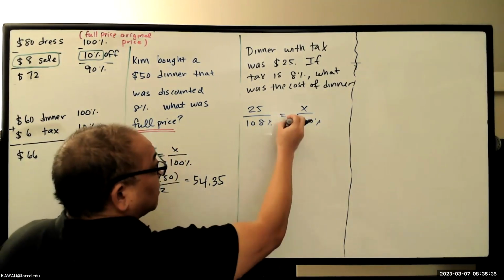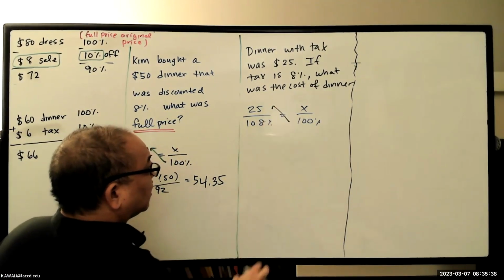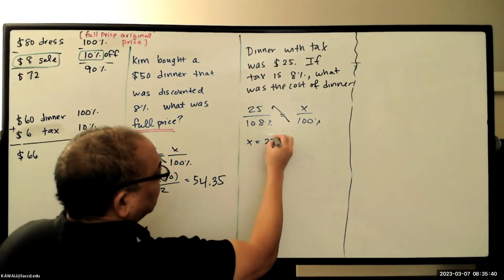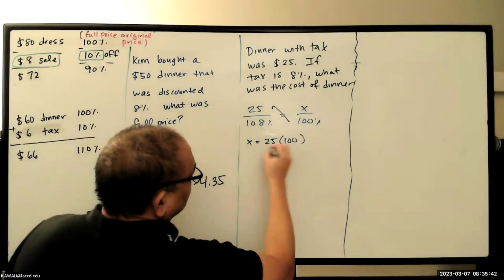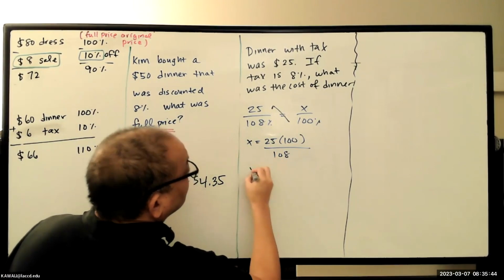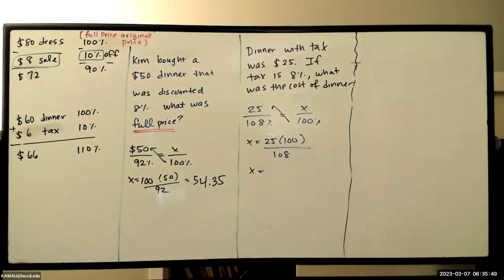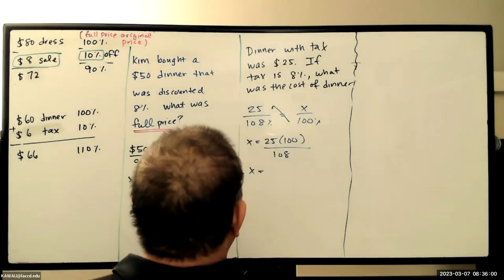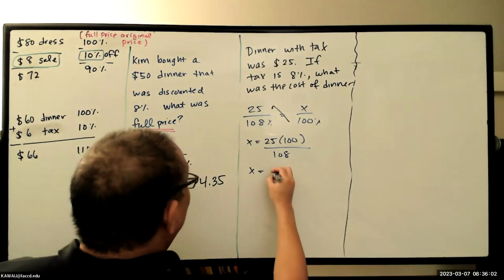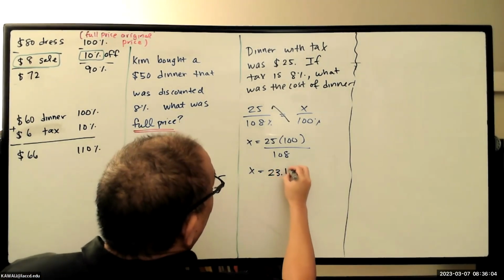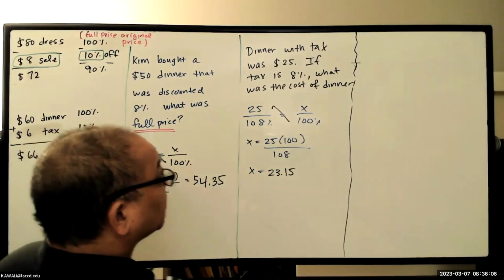So this comes up here, and then we get X is equal to 25 times 100 divided by 108. So this one was 23.15.